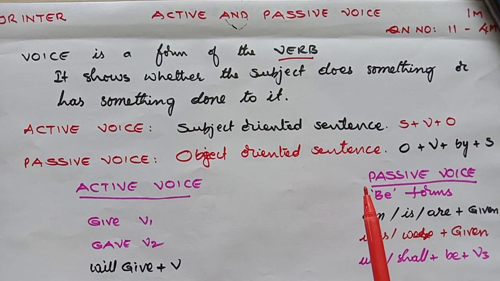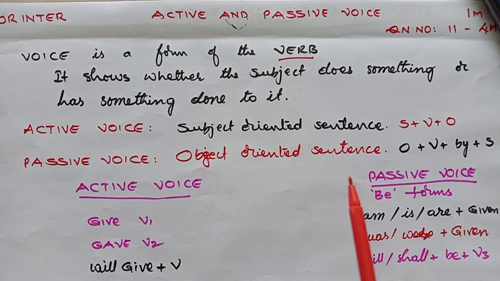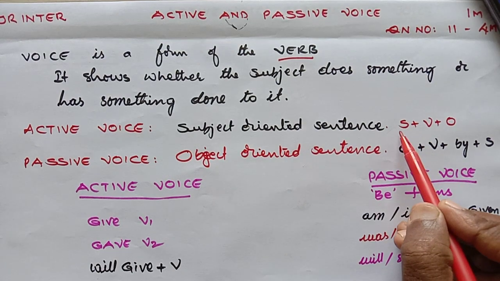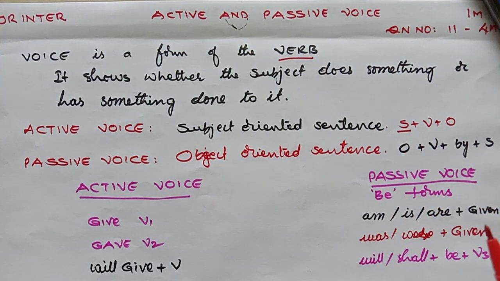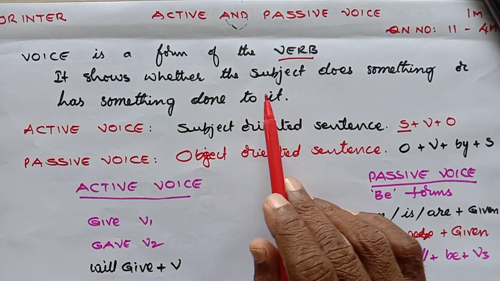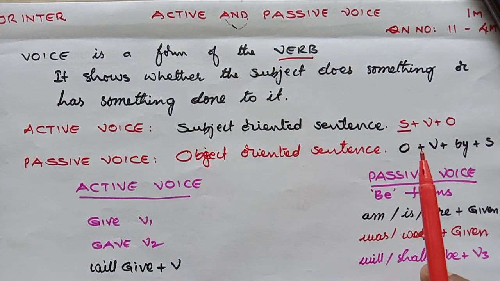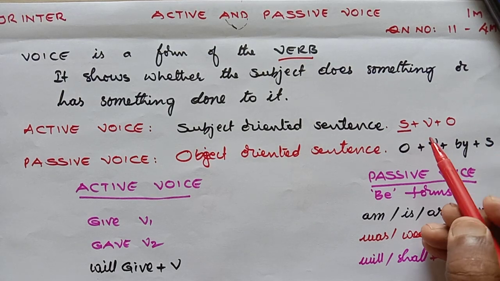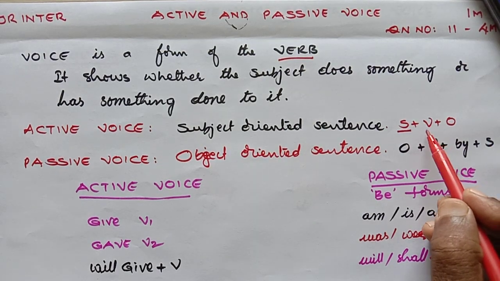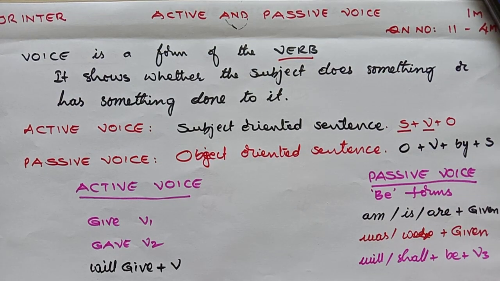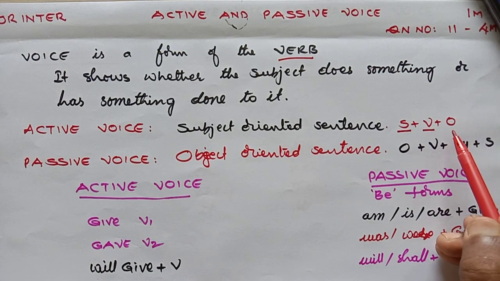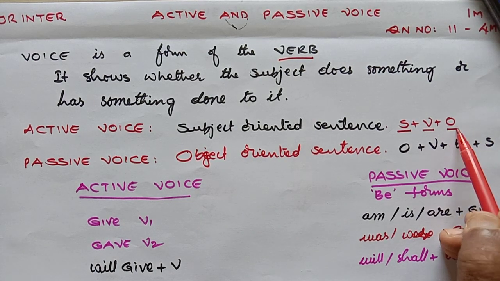These subject oriented sentences tell us the subject is important in these sentences. So the subject does something. That something is the action word, that is, the verb form. And the object is what something is done to.